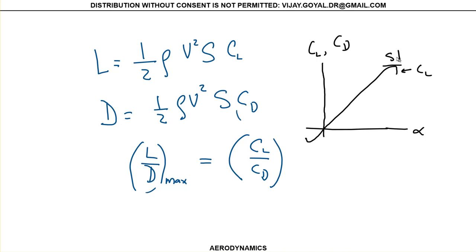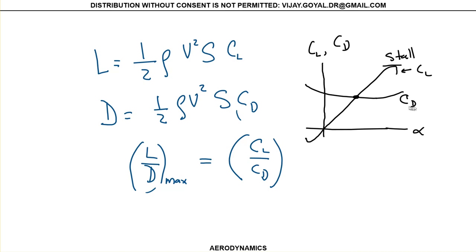This is the location where your aircraft stalls. And then your drag looks something like this. So there is a location where this is minimum, but we care for this location where it intercepts each other.